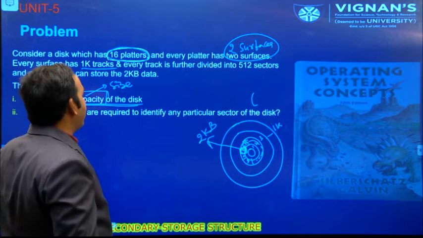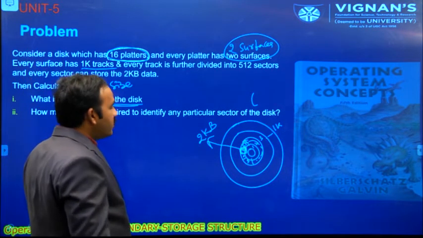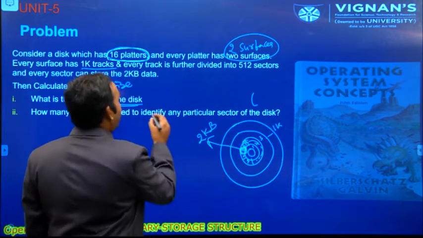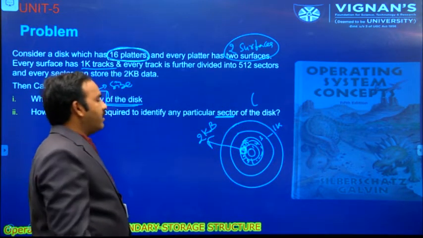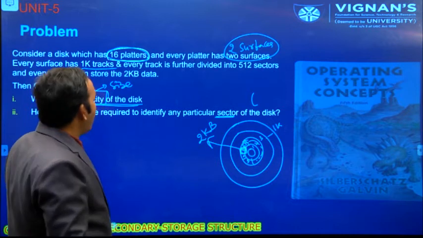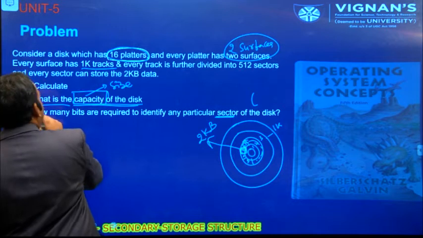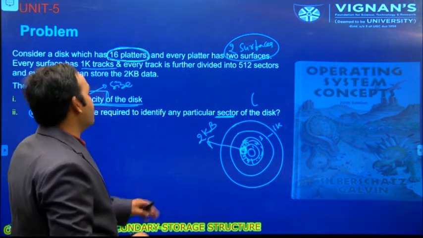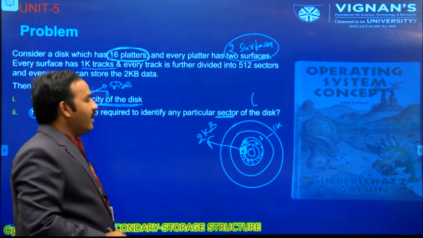And how many bits are required to identify any particular sector of the disk? If you want to assign numerical values to each sector, how many bits are required, if you want to assign numbers to all the sectors available in the disk?